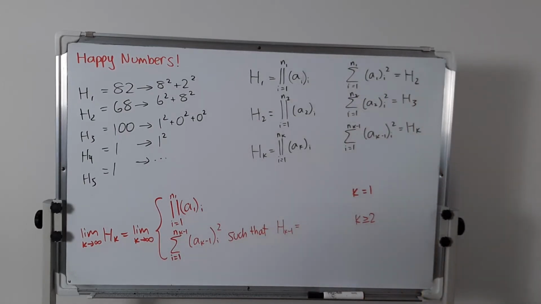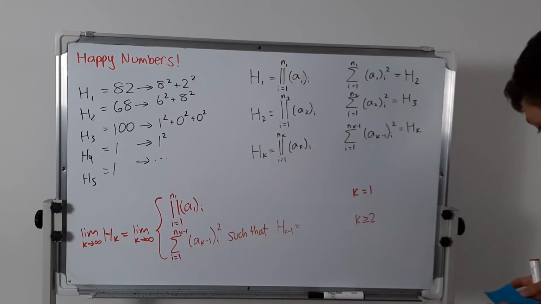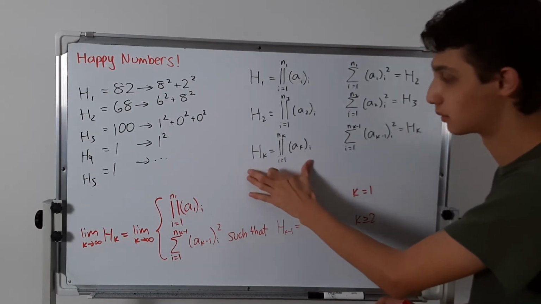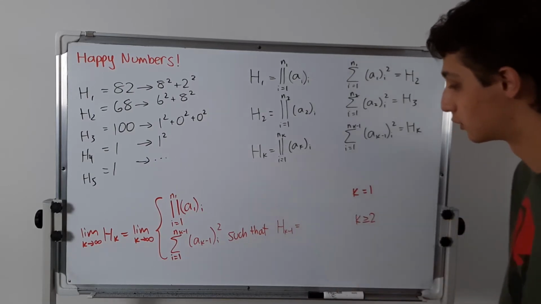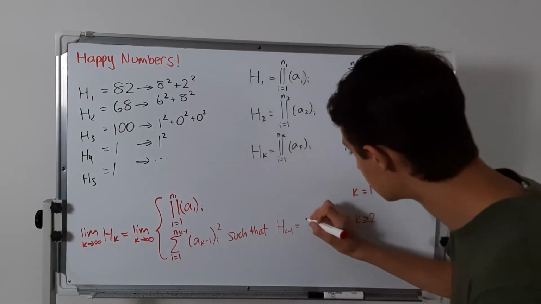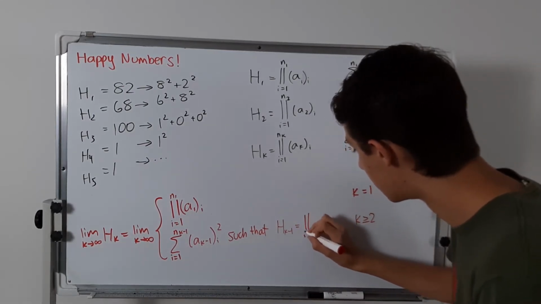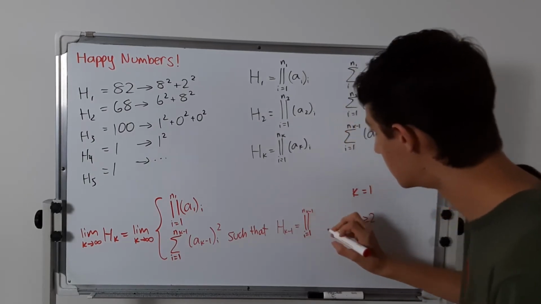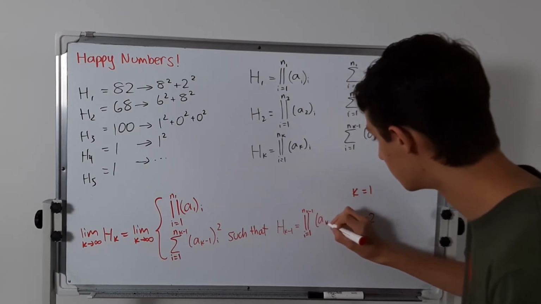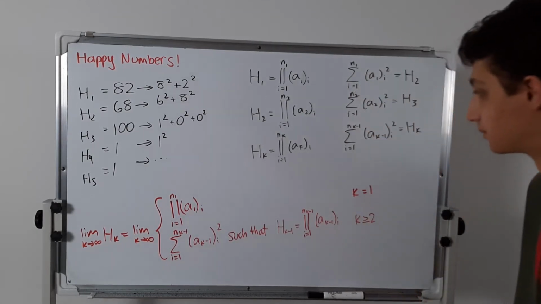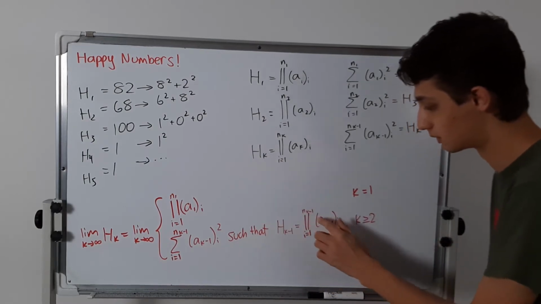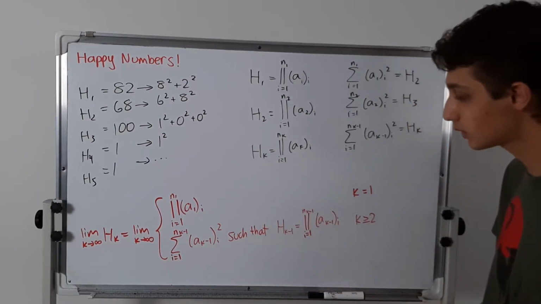And we know that h sub k is equal to this. So h sub k minus 1 is going to be equal to the concatenation from i equals 1 to n sub not k but k minus 1 of a sub k minus 1 sub i, right? So h sub k is equal to that, so h sub k minus 1 is equal to this, okay?